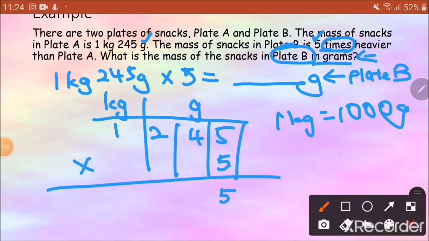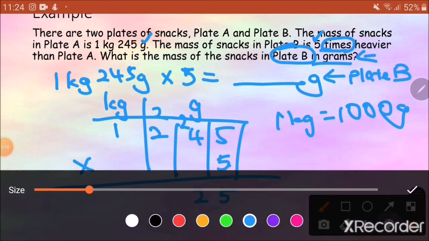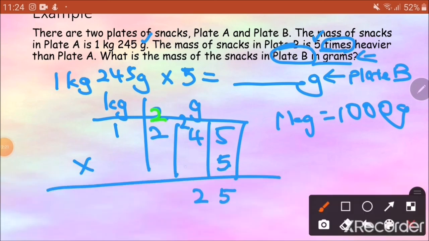I hope you already memorized the timetable for 5. So we have a 2 here. 5 times 4 is 20, then 20 plus 2 is 22. And then we put the 2 up here. 5 times 2 is 10, 10 plus 2, 12. 2, and then we bring the 1 up here.